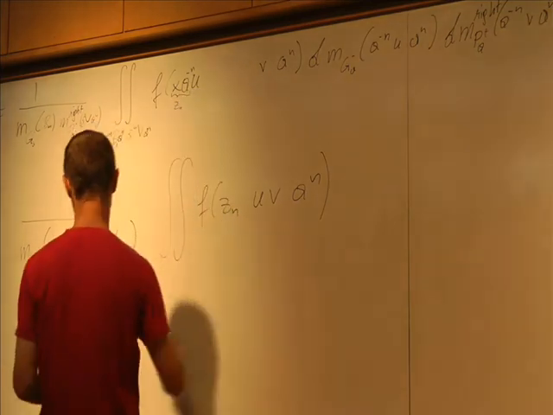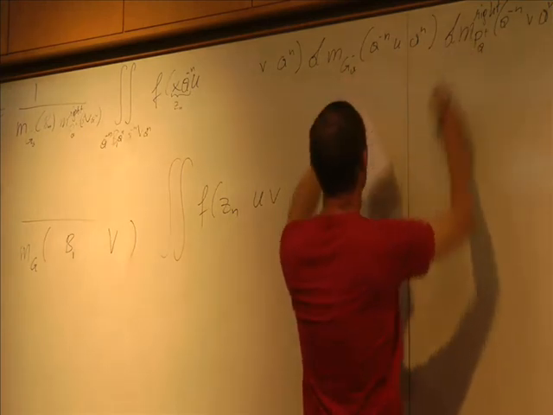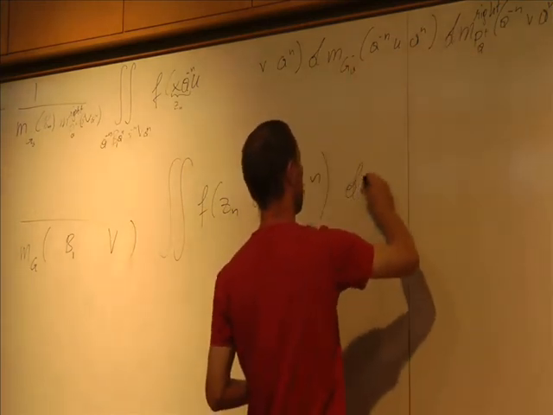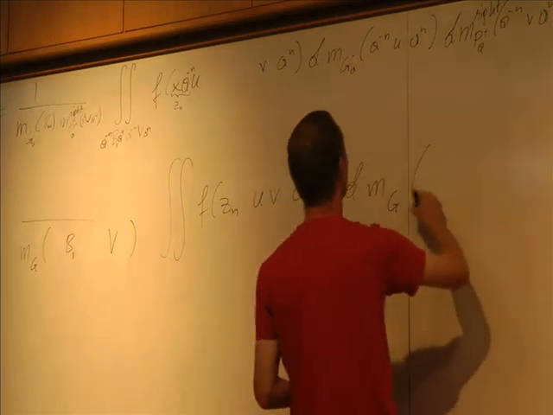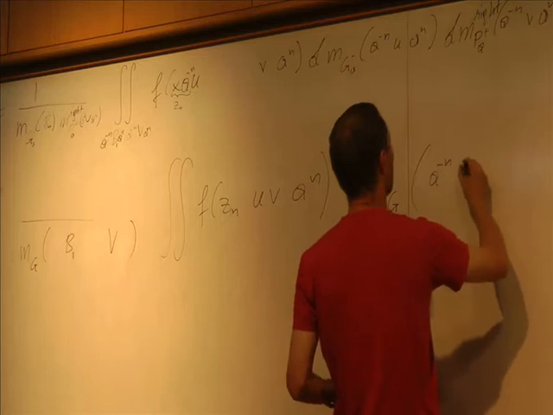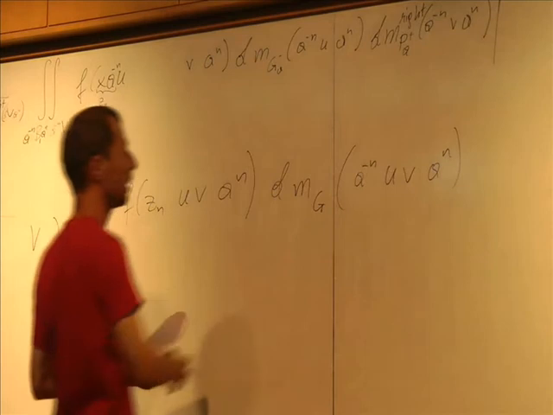Also here I want to use the product structure that I've proven. So I want to combine this into one integral, dmg, a to the minus n, u, v, a to the n. So I'm integrating over this conjugated set.